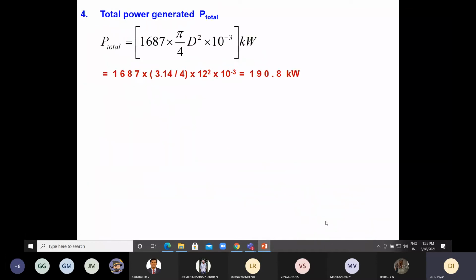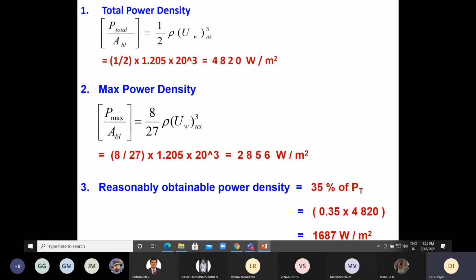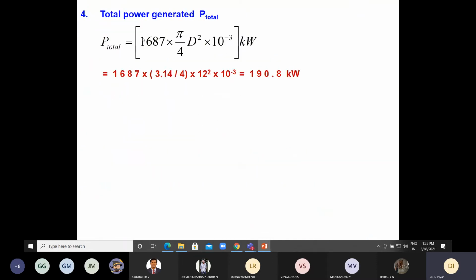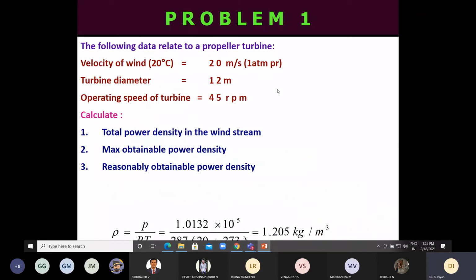So P total is equal to 1687 into pi by 4 into (12 into 10 power minus 3) converted into meter. So at last, after all the substitutions, the total power we are getting is 190.8 kilowatt, right? So this is what we find in this problem, right?